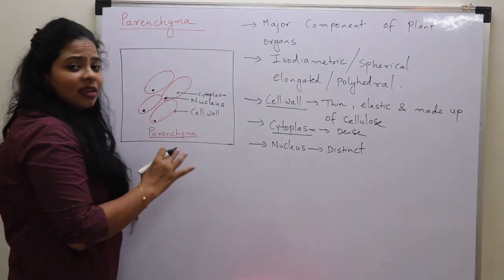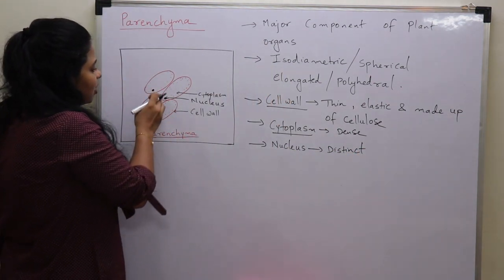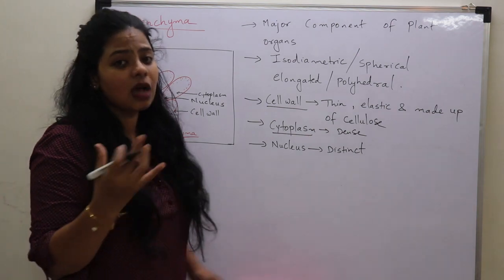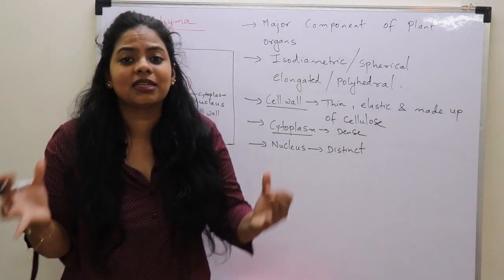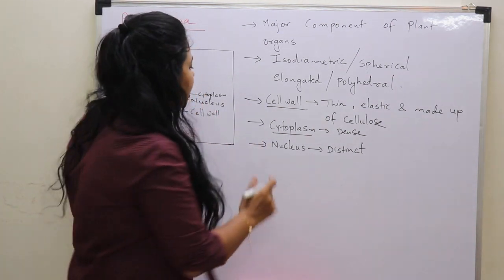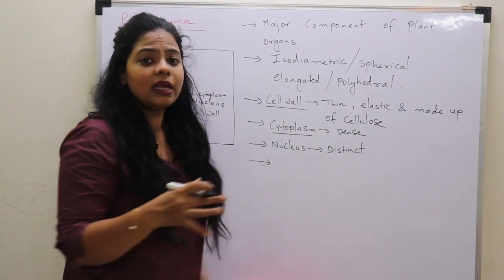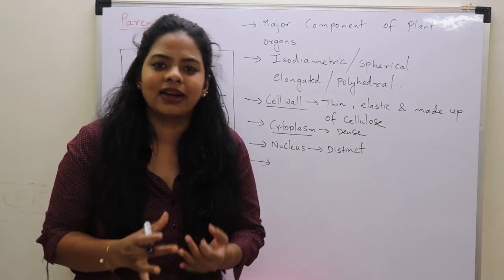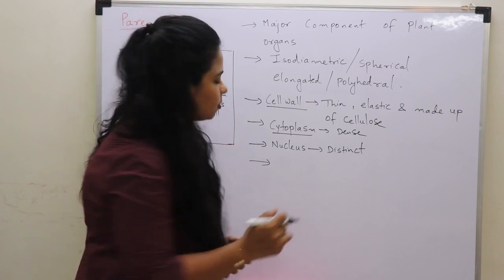Now, next thing here you can observe is there are intercellular spaces, but in some cases the parenchyma cells are tightly packed. So, the cells can be loosely arranged or they can be tightly or compactly packed.